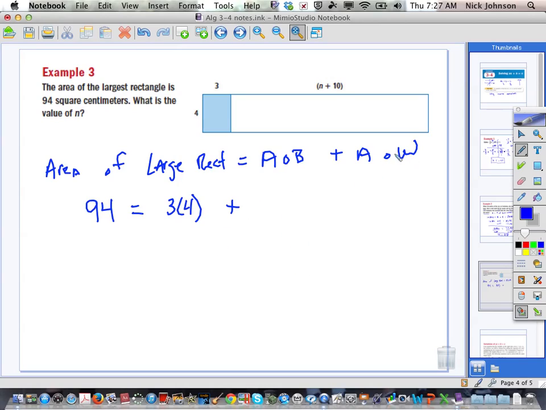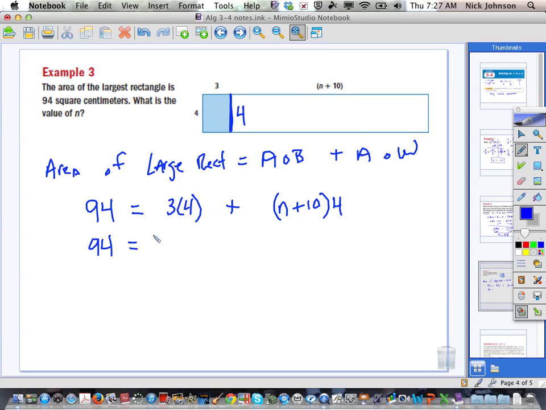Area of the white. Area of the white is length, which is n plus 10, times my width. Well, what's my width here? What's this distance? Well, that distance is 4. Looks like a distributive property here, right?